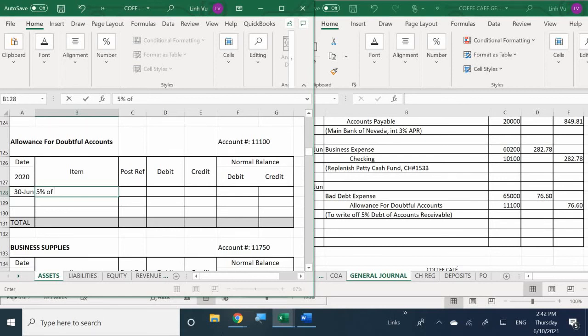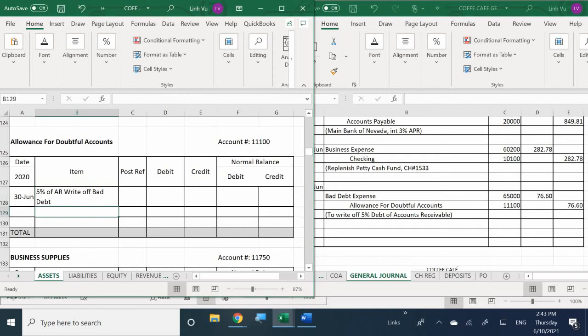We'll write off accounts receivable. General Journal 22.